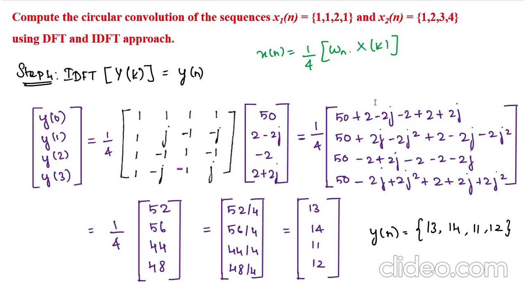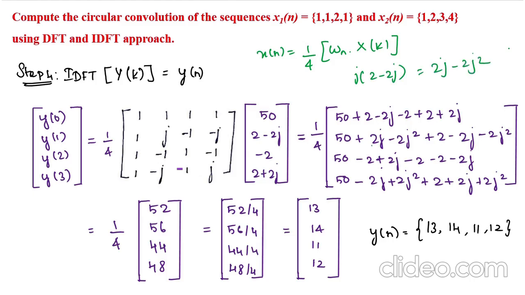Okay. Now normal multiplication again. 1 into 50 is 50. 1 into 2 minus 2j is 2 minus 2j. 1 into minus 2 is minus 2. 1 into 2 plus 2j is 2 plus 2j. The next row: 1 into 50 is 50. j into 2 minus 2j will be like 2j minus 2j square.